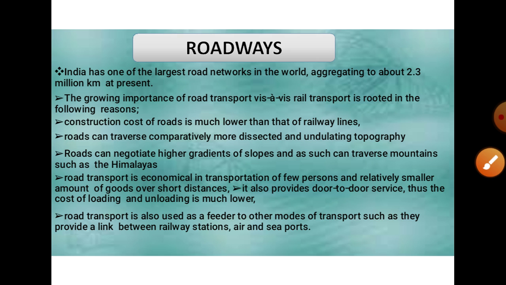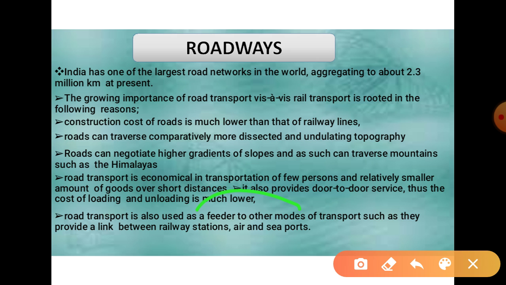Road transport is also used as a feeder of other modes of transportation. Suppose if you want to use air transport, then first of all we have to use road transport to reach the airport. If we want to use the railways, then also we use road transport to reach the railway station.